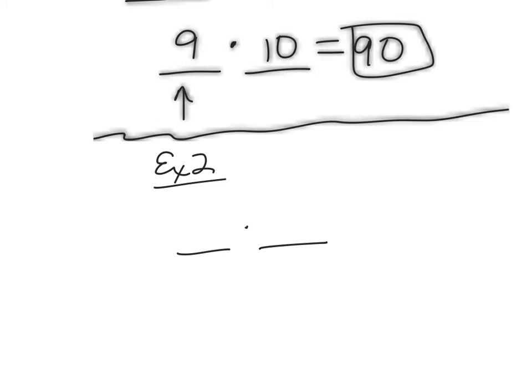Let's go through our list. Could the first digit be 0? So that first digit, again, can be anything except 0.